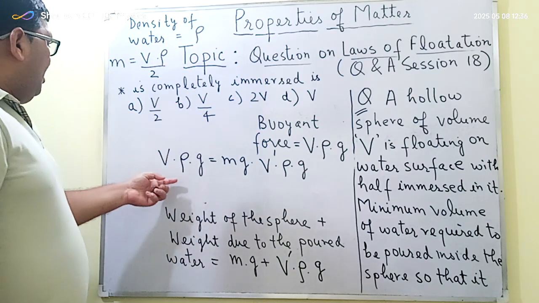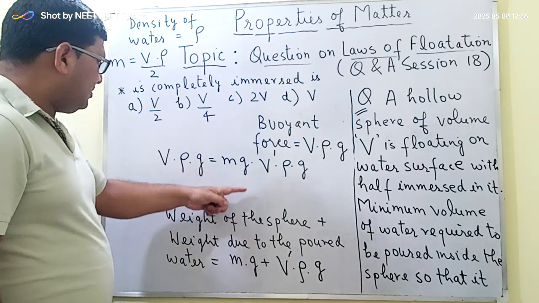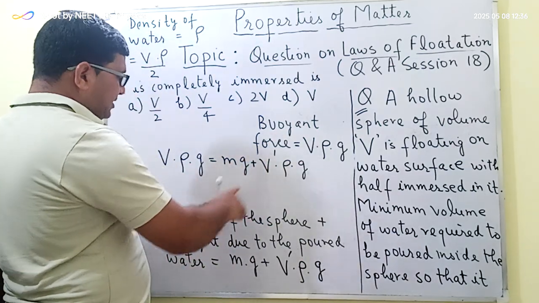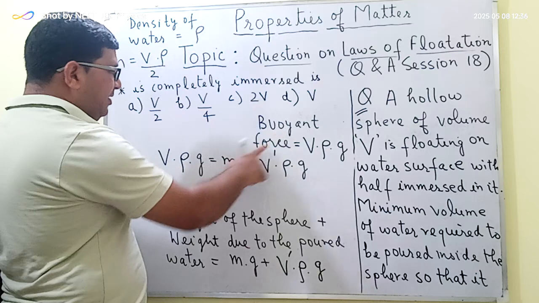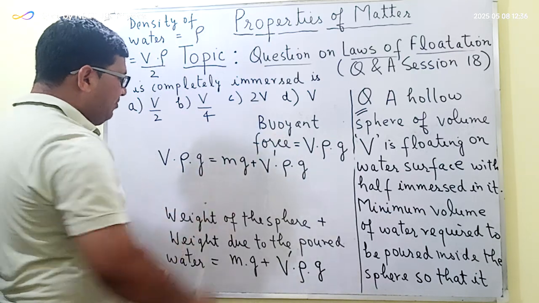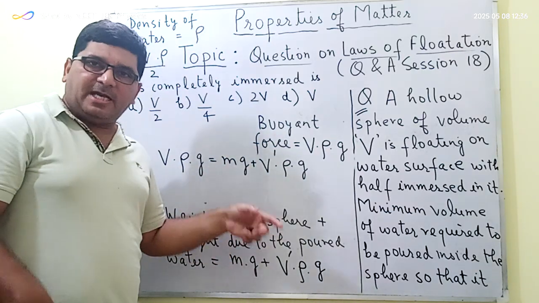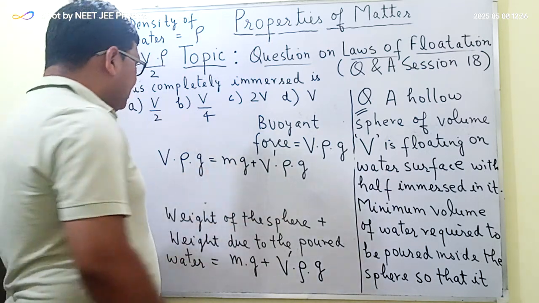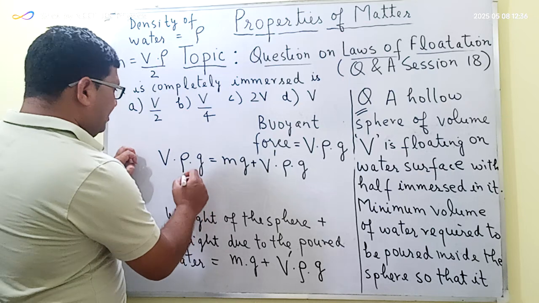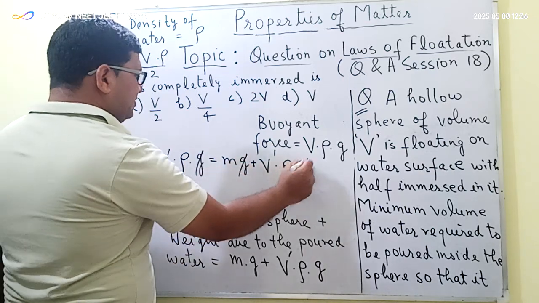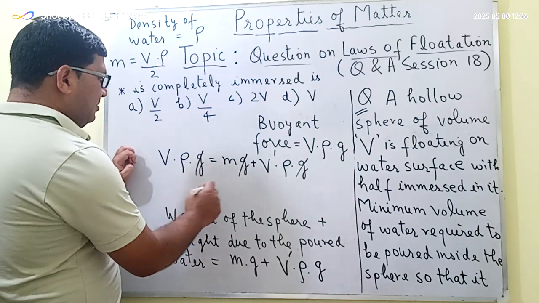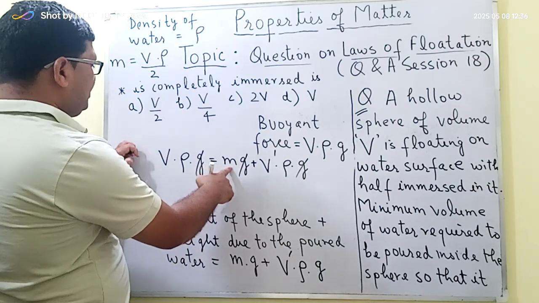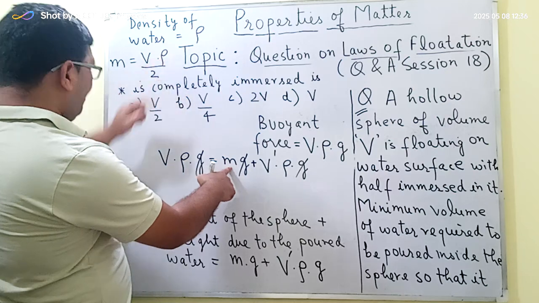In the case of stable equilibrium, the buoyant force, V into rho into g, will be equal to the total weight acting vertically downward, which is mg plus V dash into rho into g. From here g will be cancelled out, and the value of m is V into rho upon 2.